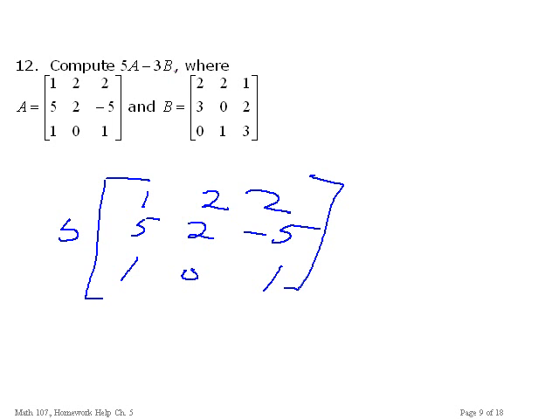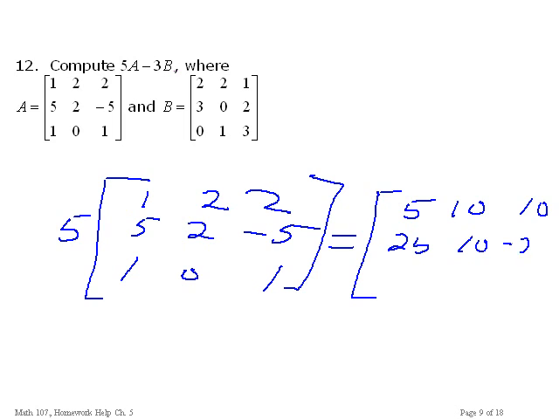And I'm multiplying that by the scalar 5. The 5 distributes through every single term inside the matrix. So you multiply everything by 5: 10, 10, 25, 10, minus 25, then 5, 0, and 5. And you do the same with B, and then you subtract them.